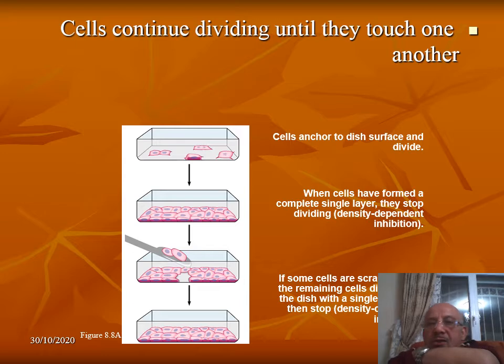Also, the cells usually continue to proliferate in malignancy. If we have, for example, these cells in this plate, those cells can divide until they make one layer of cells. Then in the normal situation, it will stop.